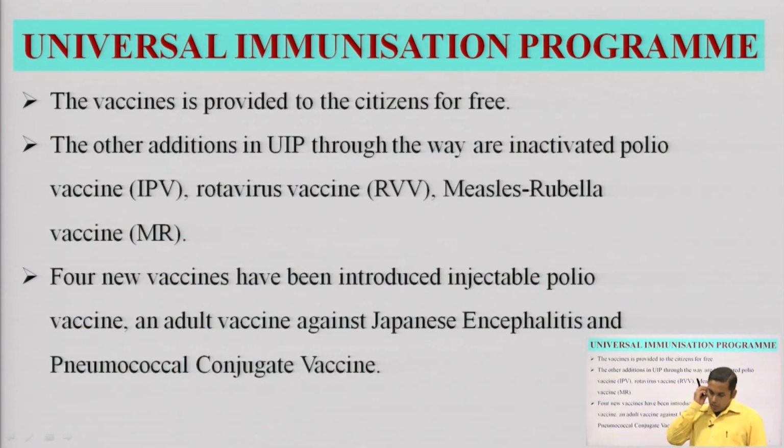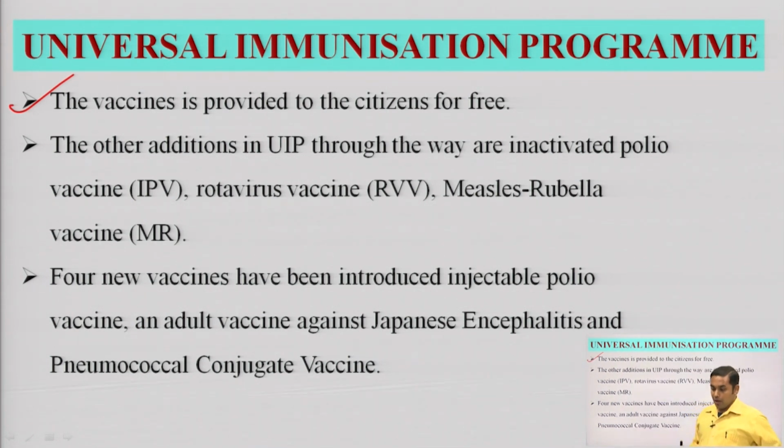In this program, the vaccine is provided to all citizens free. Oral polio vaccine: Amitabh Bachchan ji used to appear on TV in those days and request everyone to please visit the nearest vaccination center and take the polio vaccine.